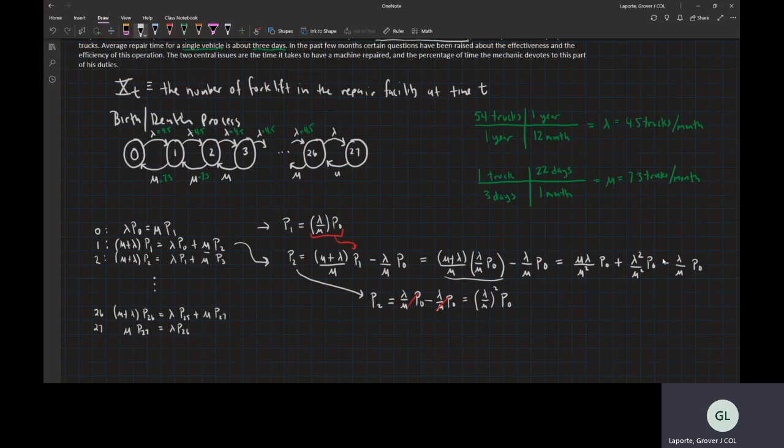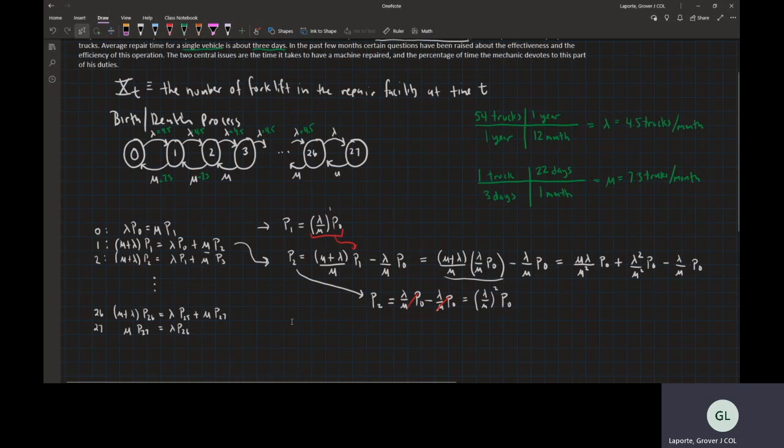Okay, so let's review the bidding here. P1 is lambda over mu to the 1 power times P0. P2 is lambda over mu squared times P0.